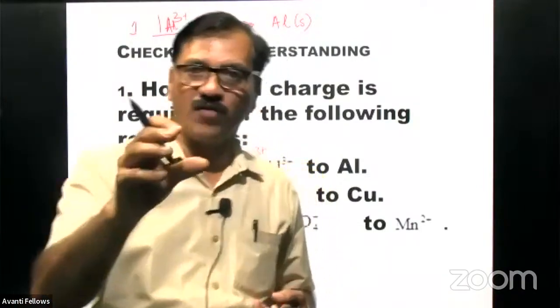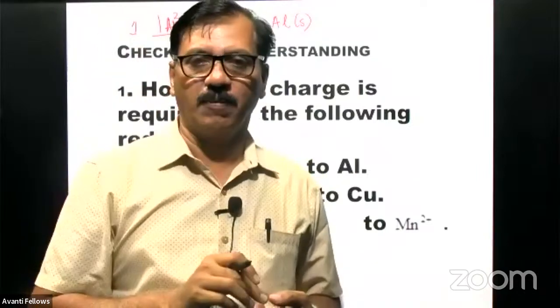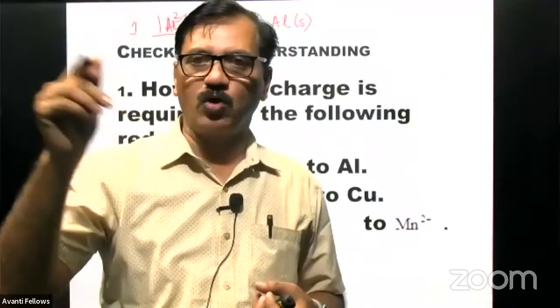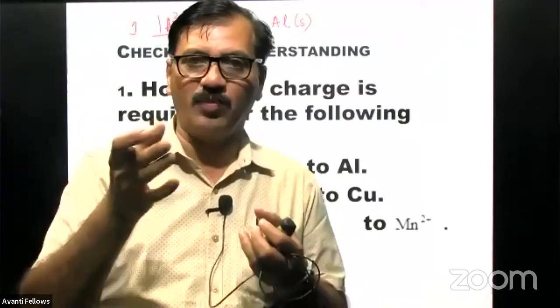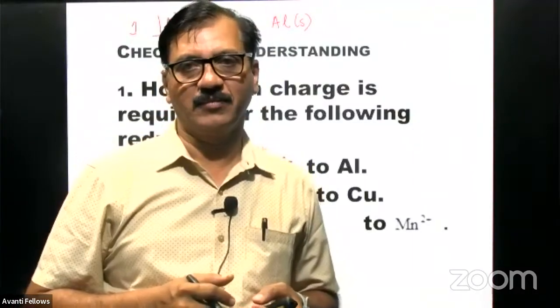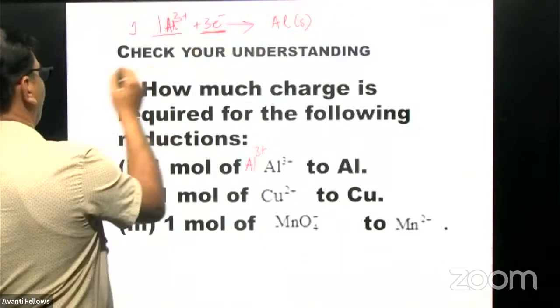If there is 1 ion of aluminium, Al3+, it needs 3 electrons. If there is 1 mole of aluminium ions, that is 6.022 × 10^23 ions, then 3 moles of electrons are needed. Right? 3 moles of electrons.